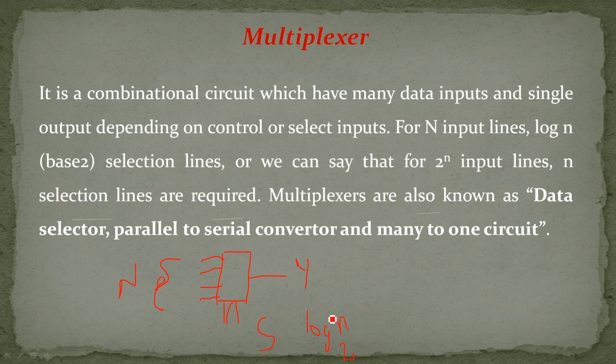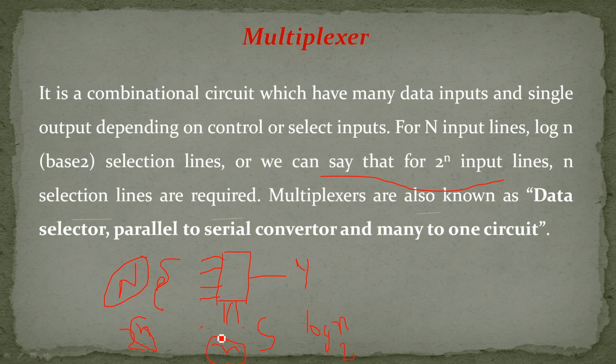Let's see another definition: it has 2 power n input lines and n select lines, and a single output. It is easy to remember because the inputs are 2 power n and the select lines are n.